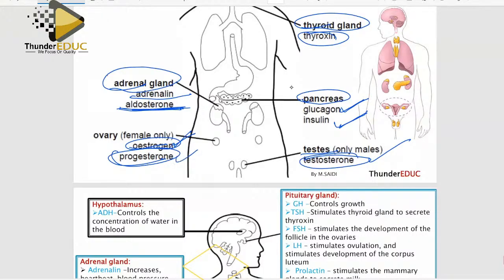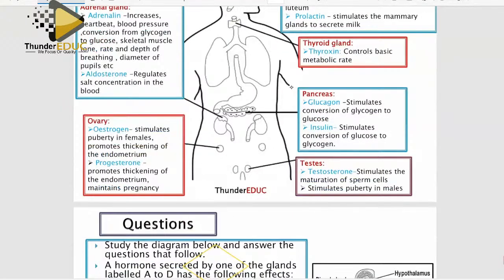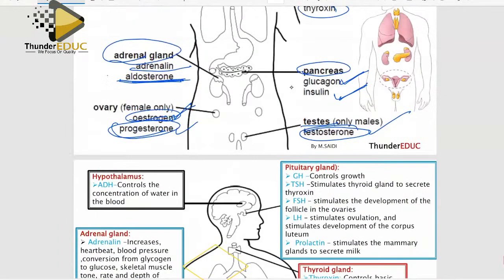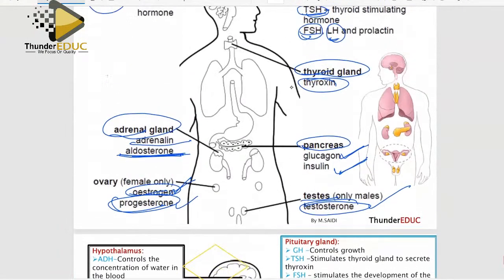Then progesterone, it maintains pregnancy by making the endometrium more thick, more vesicular, and more glandular. So it promotes the thickening, meaning that it increases the what? The thickening. So we have talked about this. You understand? And then we have talked about puberty. Then we go to the next hormone.